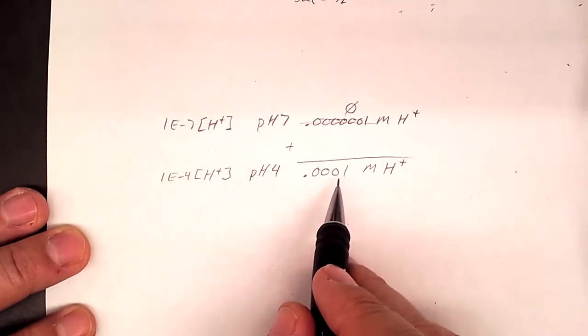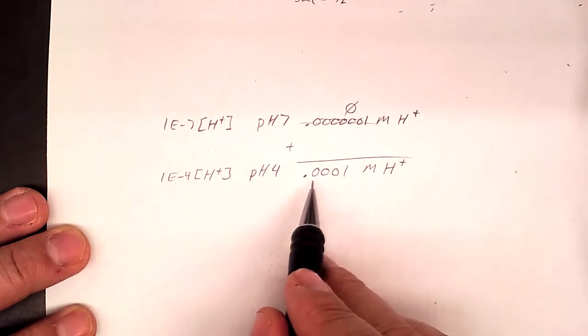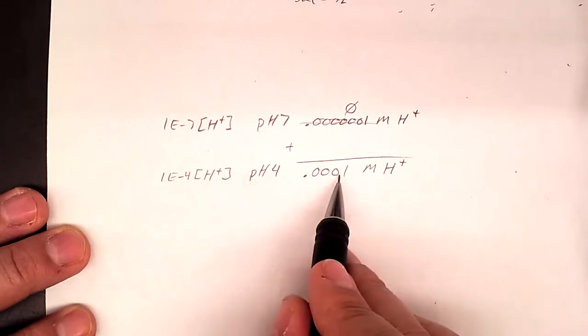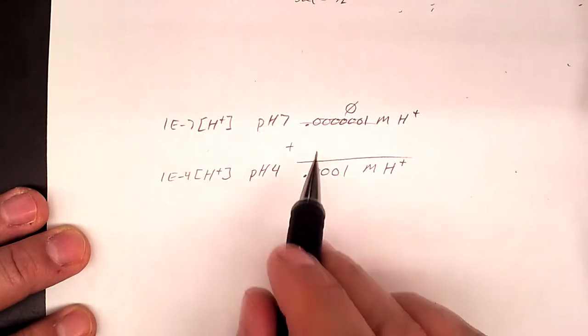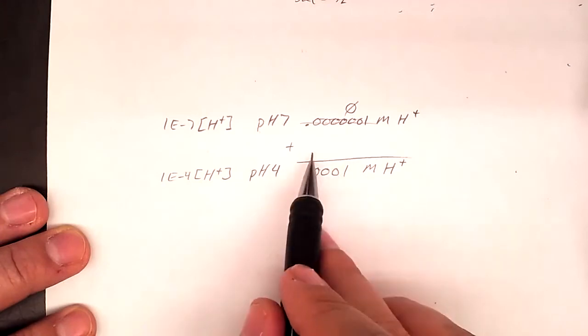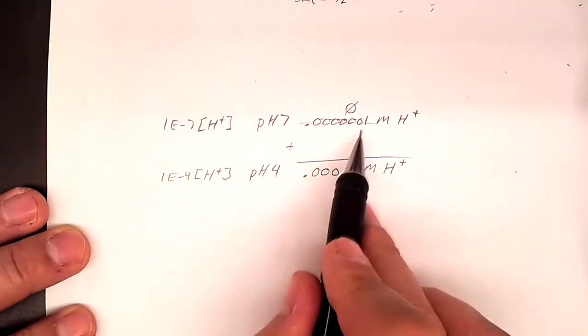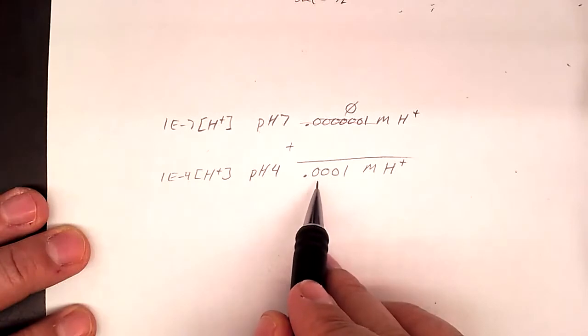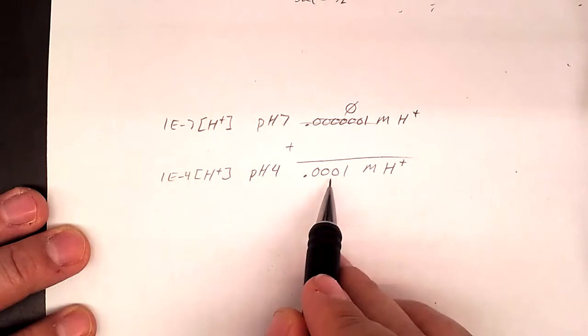So let's not bother. The molarity of the H plus that I need from the acid is this. To be extra picky, really it's this minus whatever that is, but that's too small to notice, so forget it. We're just going to say the molarity we want to achieve is this from the acid alone.